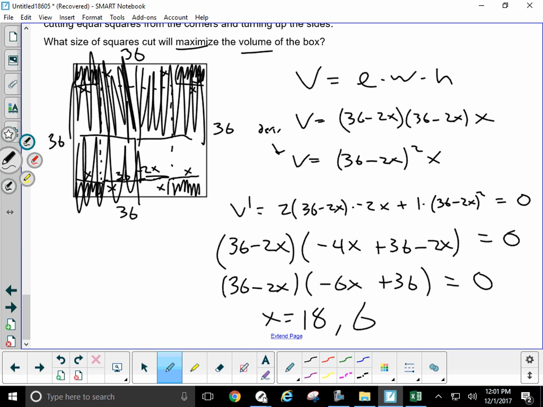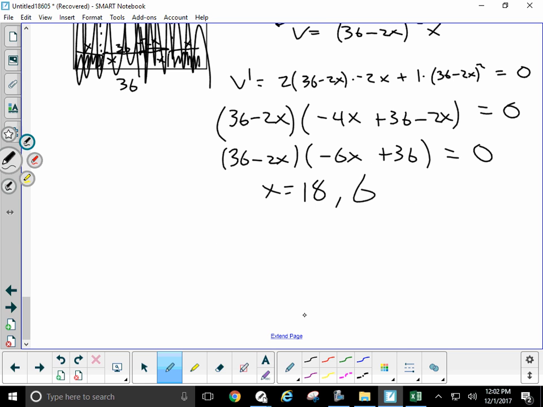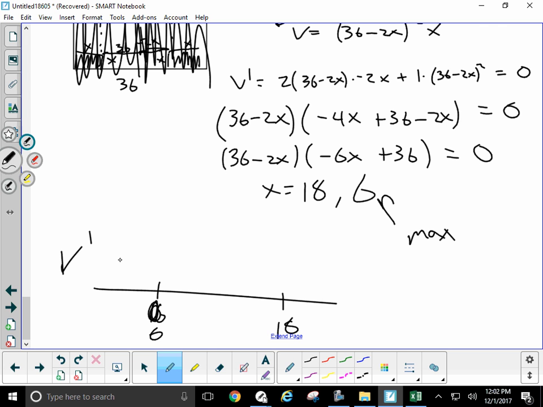But that's kind of the idea of that. That would produce a min. 6 would produce a max. You could also see that if you looked at the signs of V prime between 6 and 18, you would see that the volume would increase and then decrease. This is the max. This would be a min.